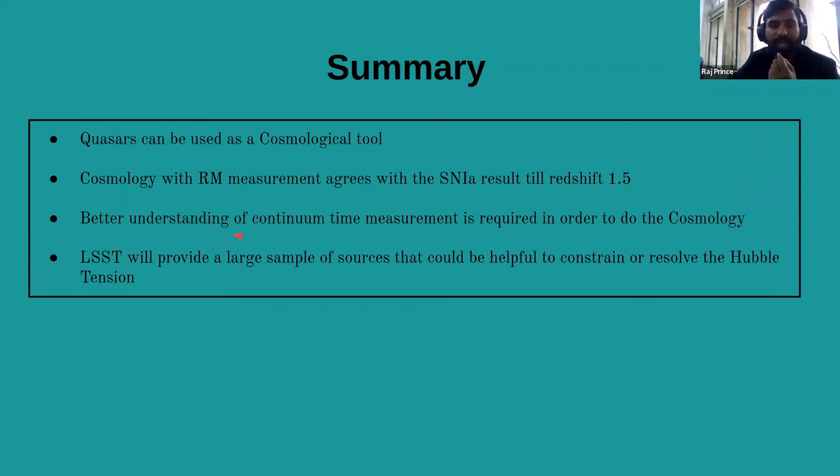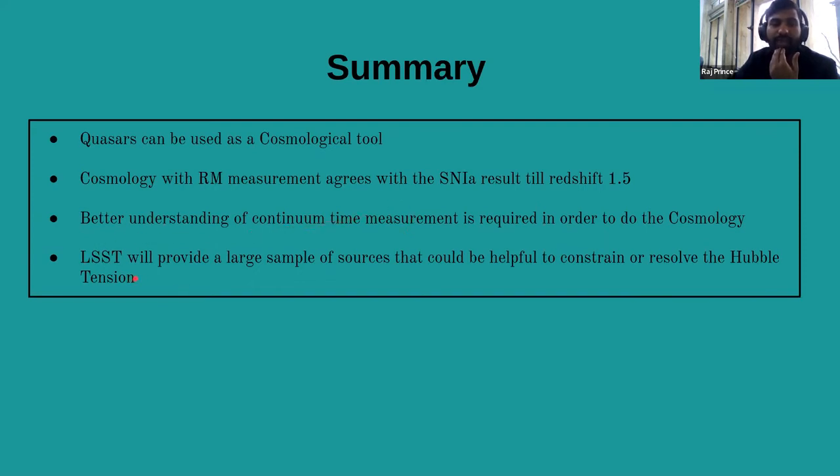For using the continuum time delay, we have to resolve the issue that I just mentioned, and we have to better understand the AGN structure and how the time delay can be measured very precisely to do the cosmology.